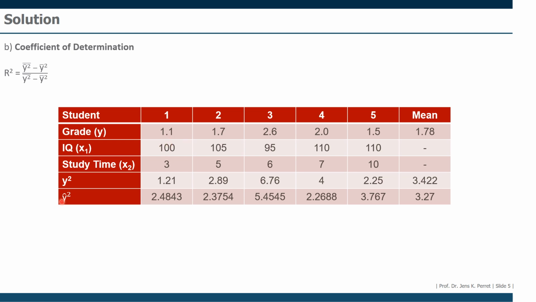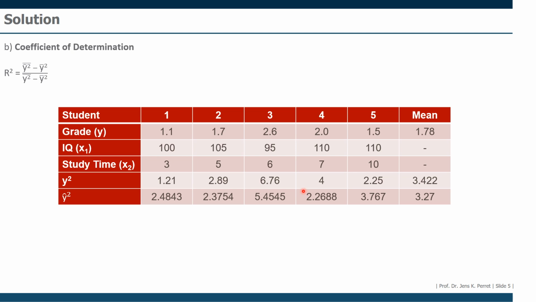That's the y hat. And this estimate for y, I'm going to square. As a result, those two should be close to each other, if I have a good regression going on. We see here, it's not perfect, but it's also not as bad as one might suspect.